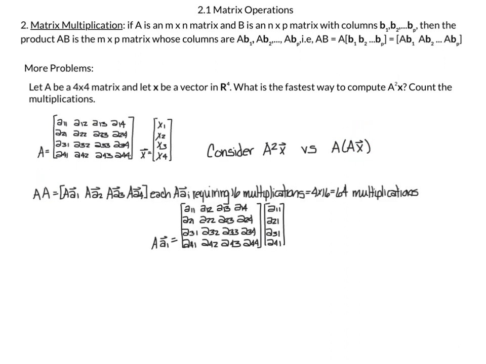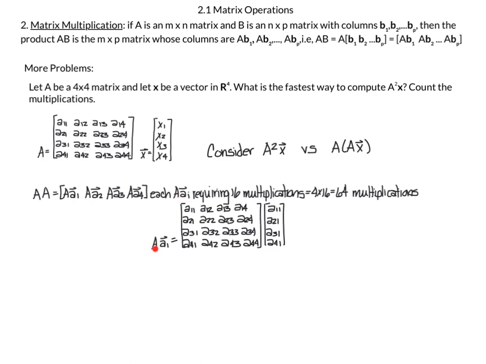When I look at A squared, that's A times A. According to our matrix definition, that's A times the first column vector of A, times the second column vector, A times the third column vector, and A times the fourth column vector. I want to know how many multiplications each of these, A times the column A sub i, takes.